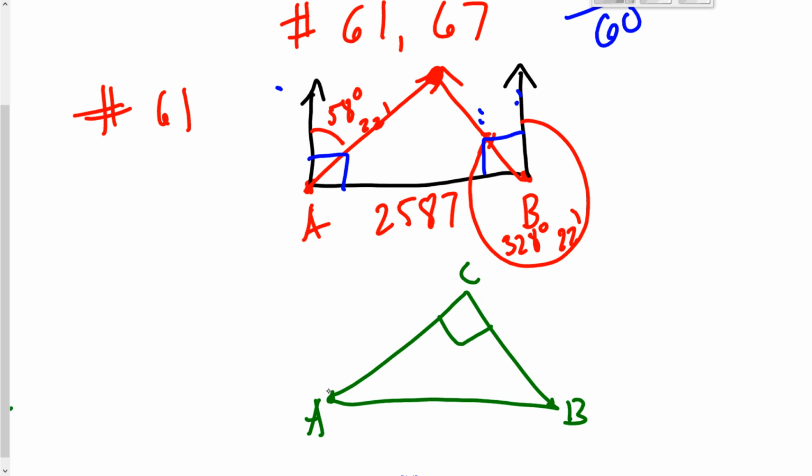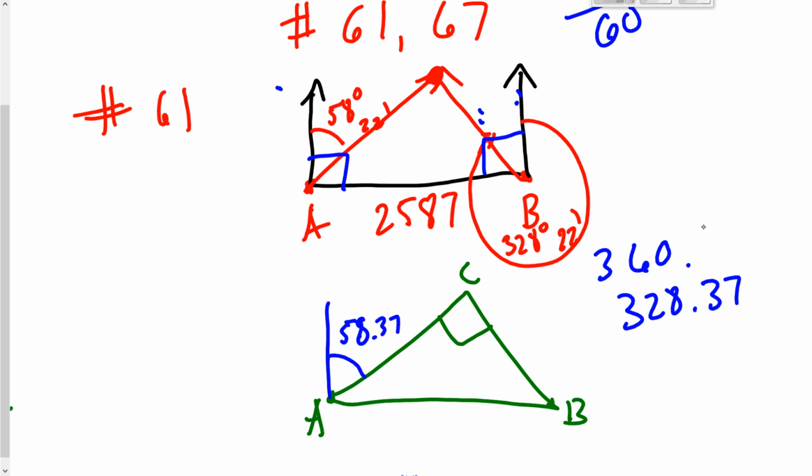So this distance here is 58.37, and this distance all the way around to this point was 328.37. So if I just go ahead and take 360 minus that, that's 31.63.